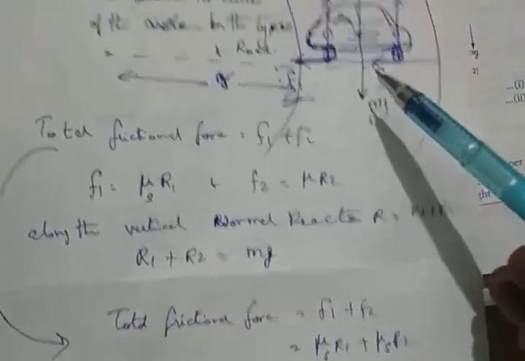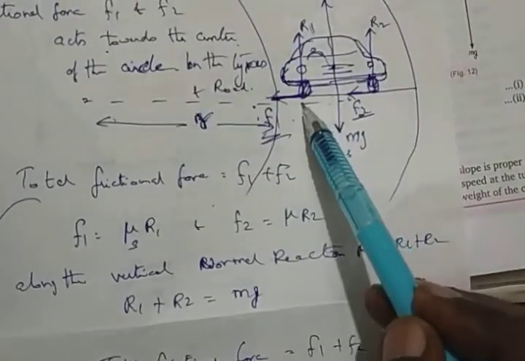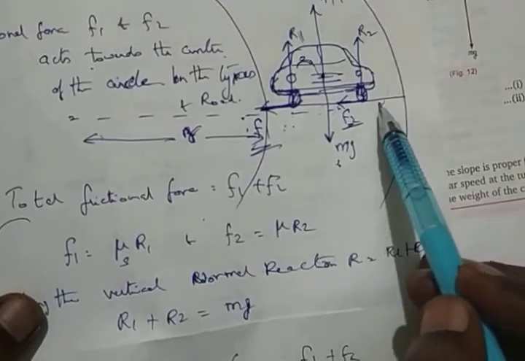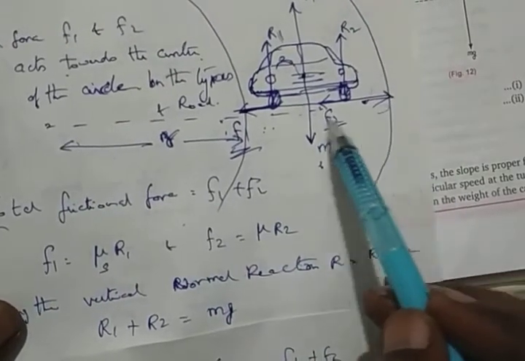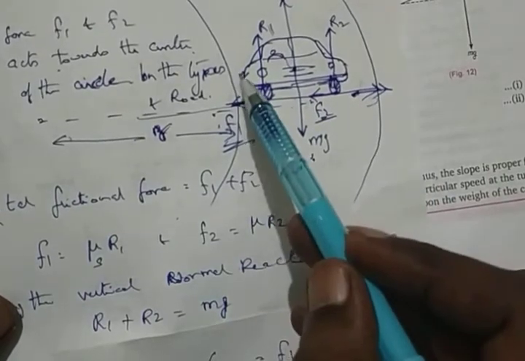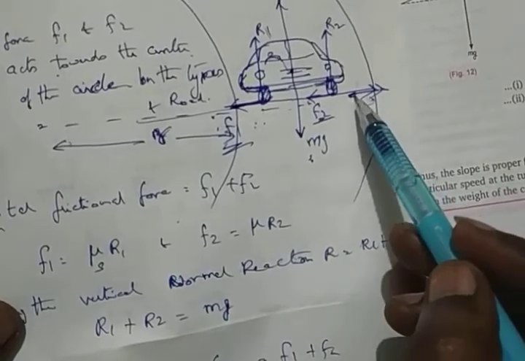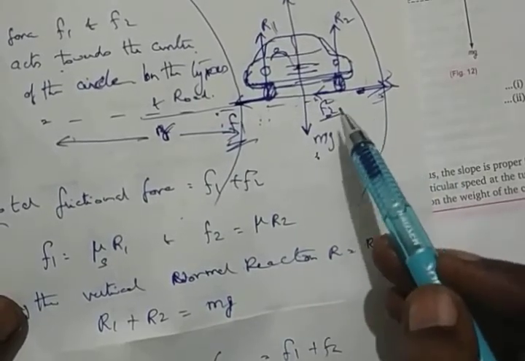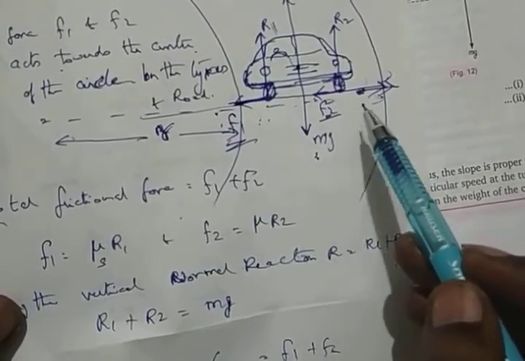Now, frictional force is a self-adjusting force, you already know. The more the force on this side, the more the frictional force will also increase. At one particular point, beyond a particular force, the frictional force reaches a limiting value.